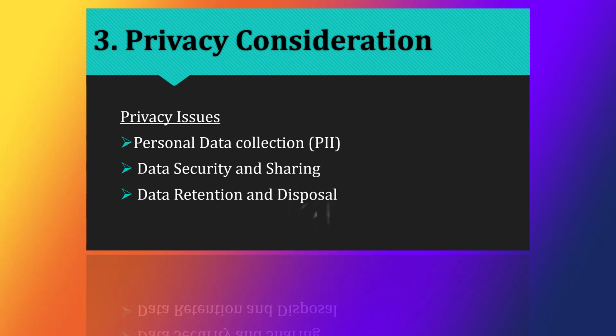That is an issue because if we are handling that data, it can be an issue. And data security and sharing, who we share to, it's an issue, and how we secure the system or the PII, or personal identifiable information. This is a serious thing to consider.